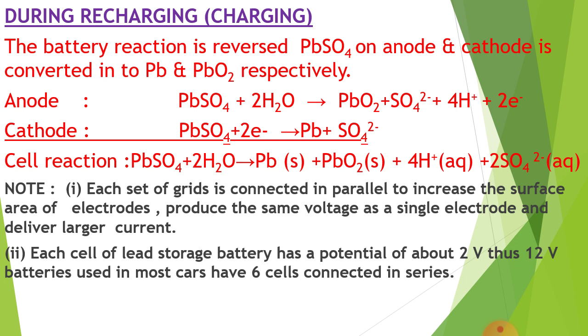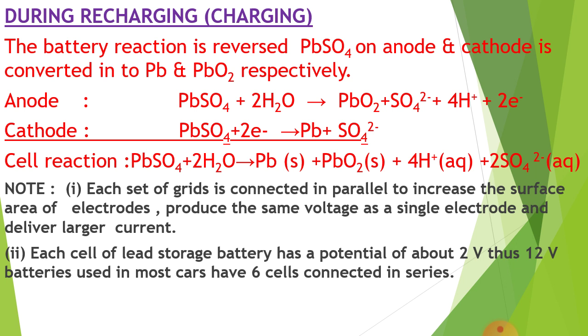Now note, each set of grids is connected in parallel to increase the surface area of the electrode. One question may be asked: why is the set of grids connected in parallel? Your answer is to increase the surface area of the electrode. It produces the same voltage as a single electrode and delivers larger current.